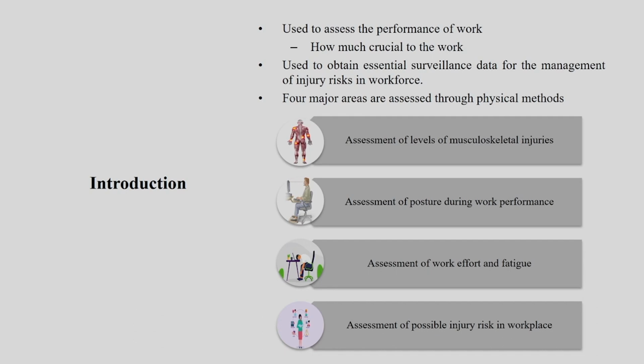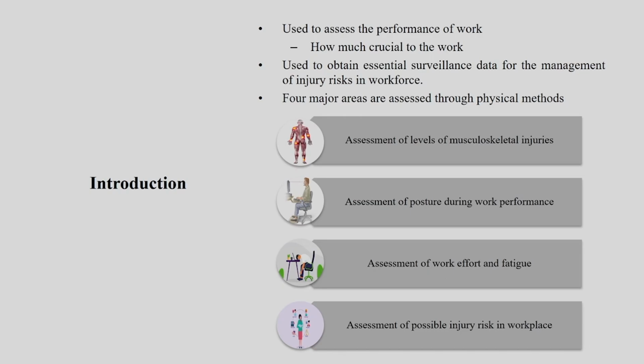If you look at the major definition of ergonomics, the domains of ergonomics, we understand there are some components which talk about the physical domain of ergonomics and another part which talks about the cognitive domain of ergonomics.